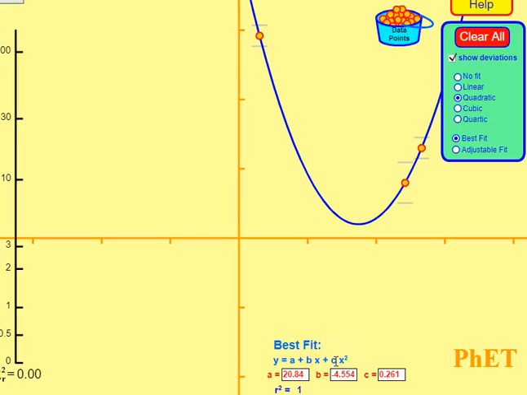So the positive term is 20.84, the negative term is minus 4.5, and another positive term of 0.261. More often than not, the x squared term dominates the other terms, which implies that this term will be the greatest out of all the other two in fact.